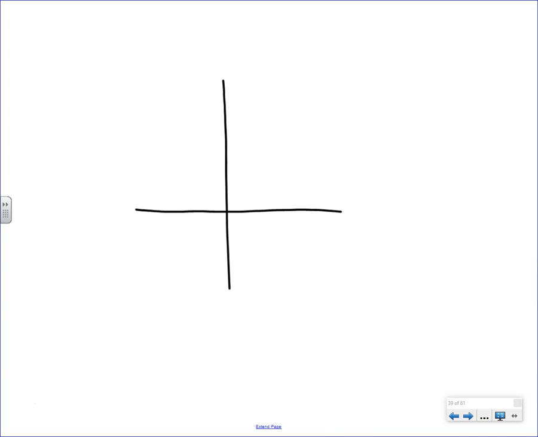A derivative is dealing with the slope of a tangent line to some random function. True? And we're talking about some sort of point of tangency. True?